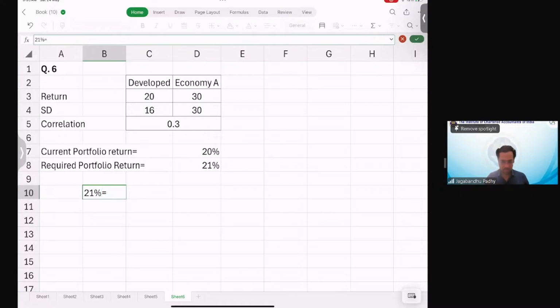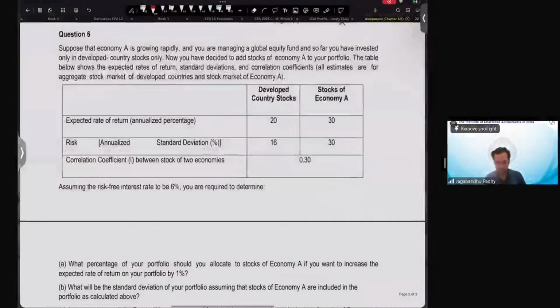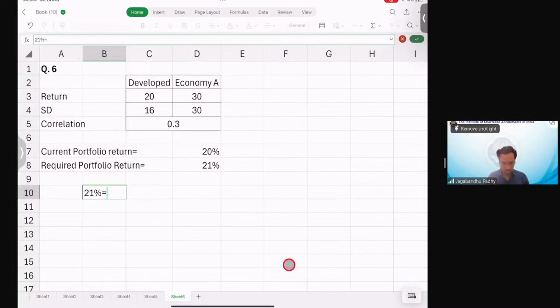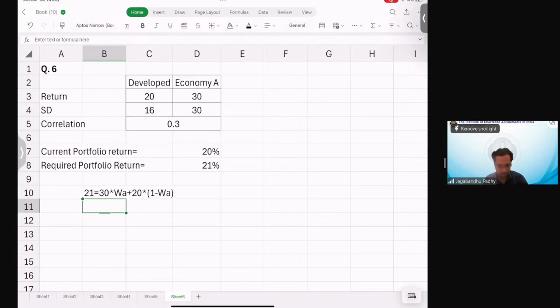We can say this 21% is equal to the weightage of developed, or rather we want to know the weightage that we should put in economy A. So 21 is equal to 30 multiplied by weight of A, plus 20 multiplied by 1 minus weight of A. The rate of return that you get from economy A is 30% with the weightage, and 20% with the remaining weightage.